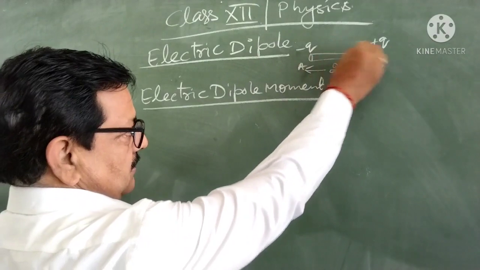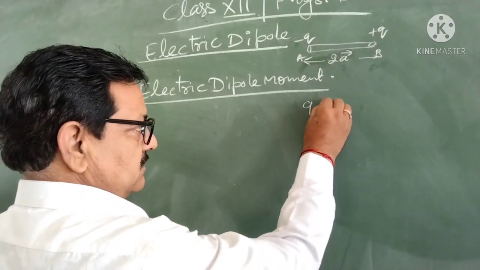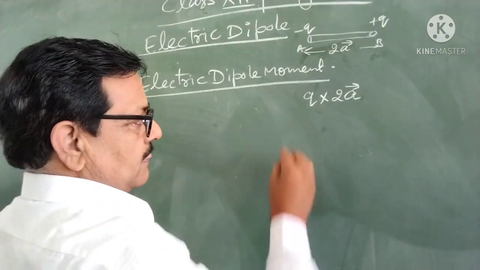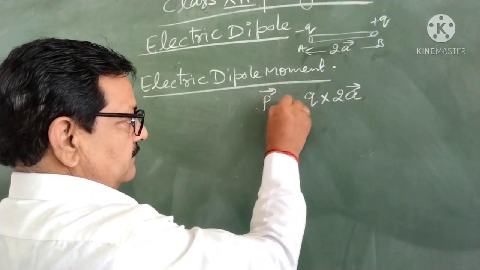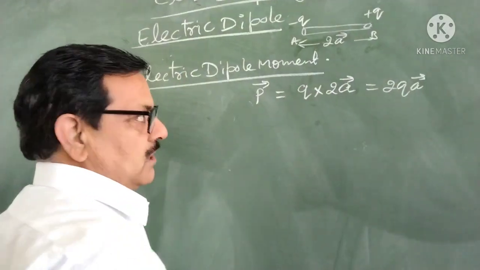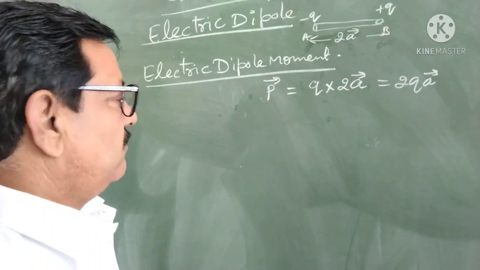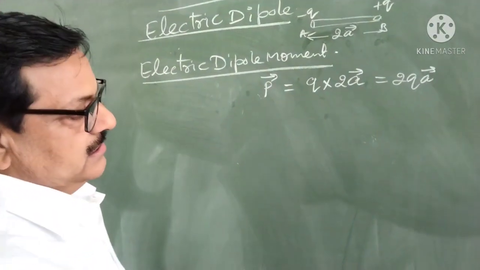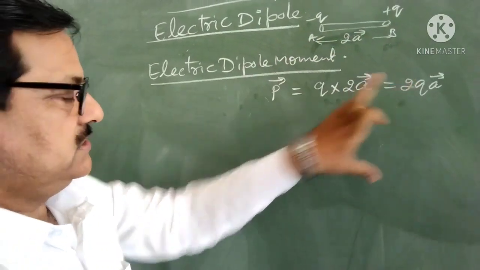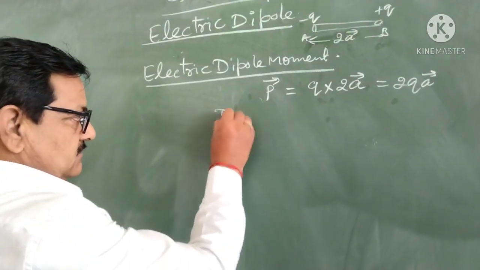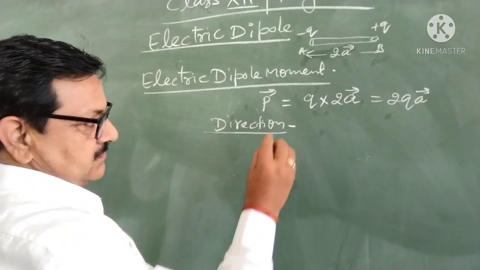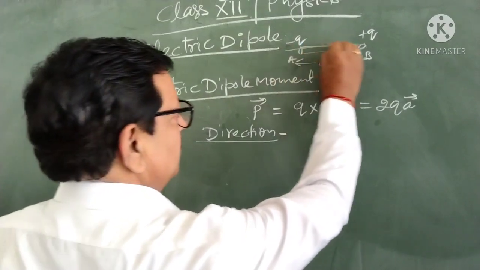Its magnitude is equal to the product of the magnitude of either charge into the separation between them, q into 2a, represented by vector p. It is equal to 2qa. So dipole moment is a vector quantity. Its value is the product of the magnitude of charge and separation between both the charges. It will be 2qa. Now since it is a vector quantity, the direction is along the axis of the dipole.